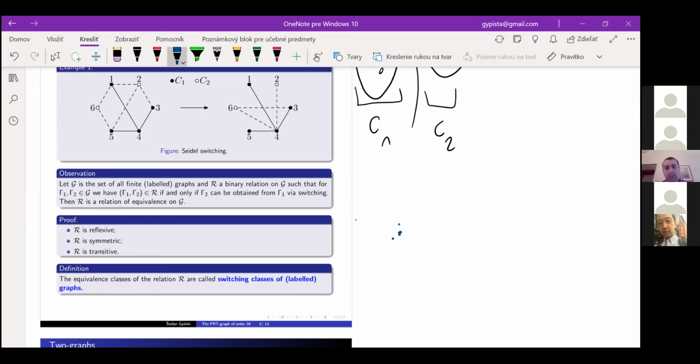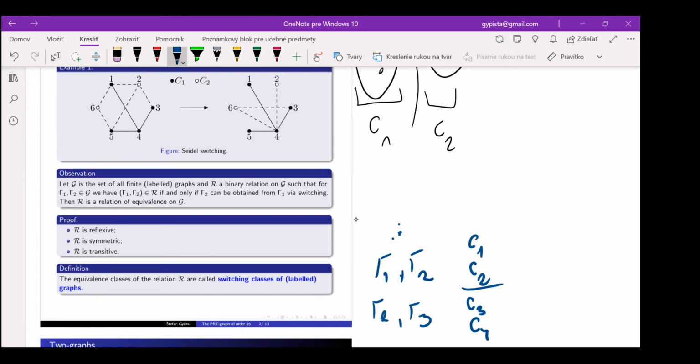If you go from gamma 1 to gamma 2 via cells C1, C2, and from gamma 2 to gamma 3 switching with respect to partition into C3, C4, then if two vertices appeared twice in the same cell in one switching and the other switching, then of course the edge or non-edge between them is preserved.